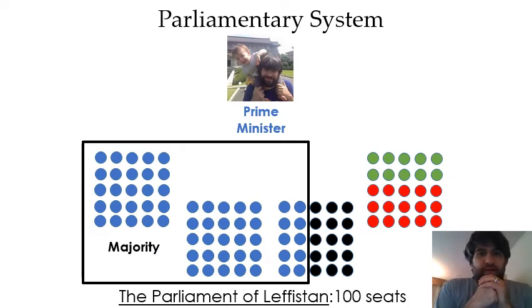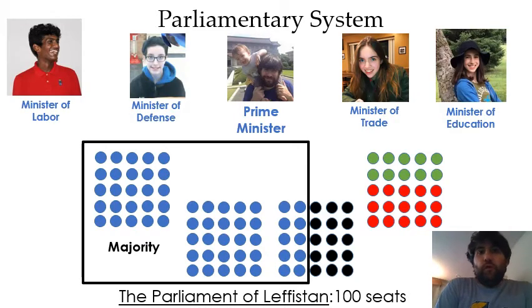One of the things that the prime minister gets to do is what's called form their government. That is, they choose a whole cabinet. Sometimes these are called secretaries in our system. In Europe they often talk about ministers. There's a minister of labor, Rob, a minister of defense, Bianca, a minister of trade, Sophia, a minister of education, Charlotte, and you all.